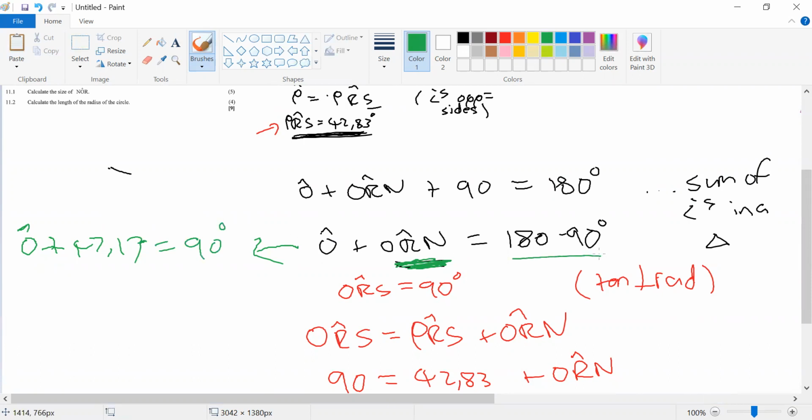Because on the right-hand side, I have 180 minus 90, which is just 90 degrees. And now to calculate angle O, I need to just take this across. So that'll be 90 minus 47,17. And that's going to equal 42,83 degrees.